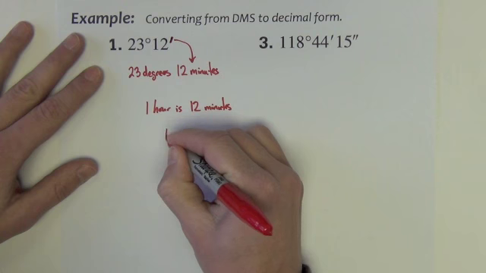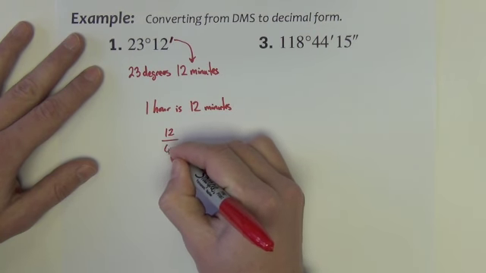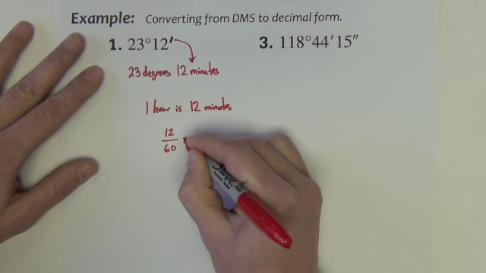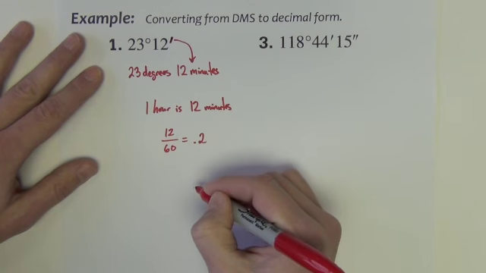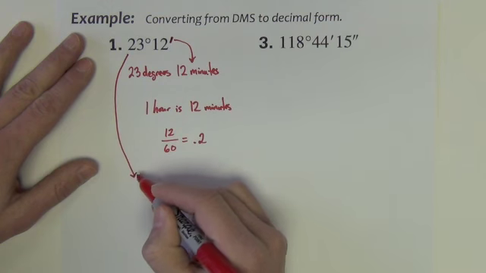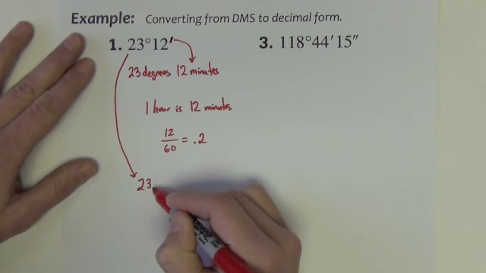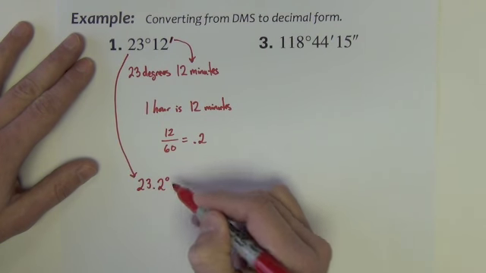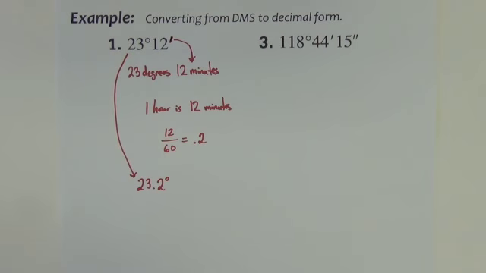Well, there are 60 minutes in an hour. 12 divided by 60 is 0.2. So 23 degrees 12 minutes is the same as 23.2 degrees.